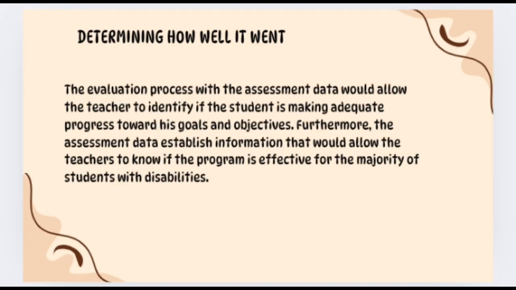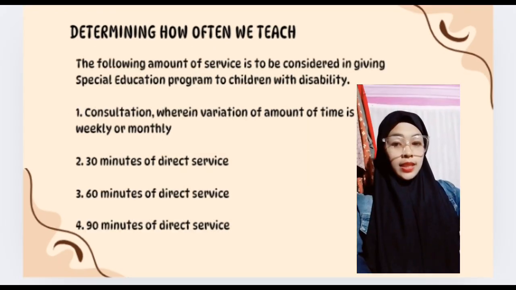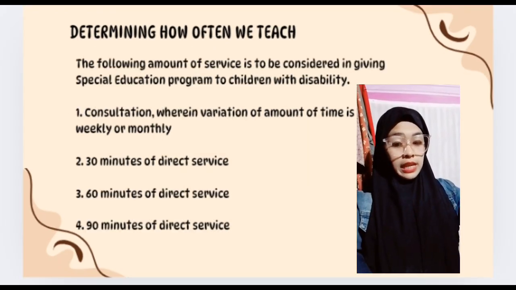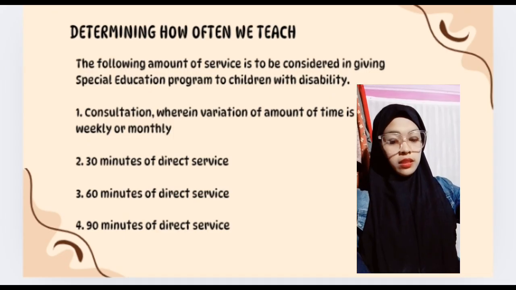Determining how well it went. The evaluation process with assessment data will allow the teacher to identify if the student is making adequate progress towards his goals and objectives. Furthermore, the assessment will allow teachers to know if the program is effective for the majority of students with disabilities. Next we have determining how often we teach.